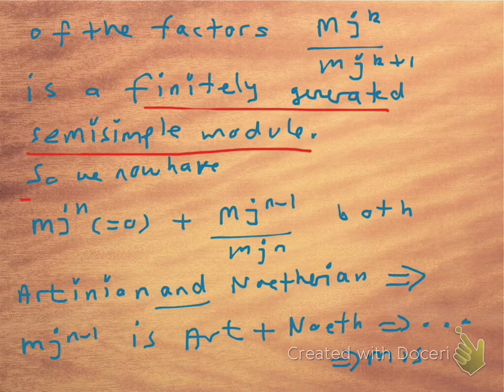So for example, in the nth case, MJ to the n is 0, and MJ to the n minus 1 over MJ to the n is Artinian and Noetherian, because it's a finitely generated semisimple module.